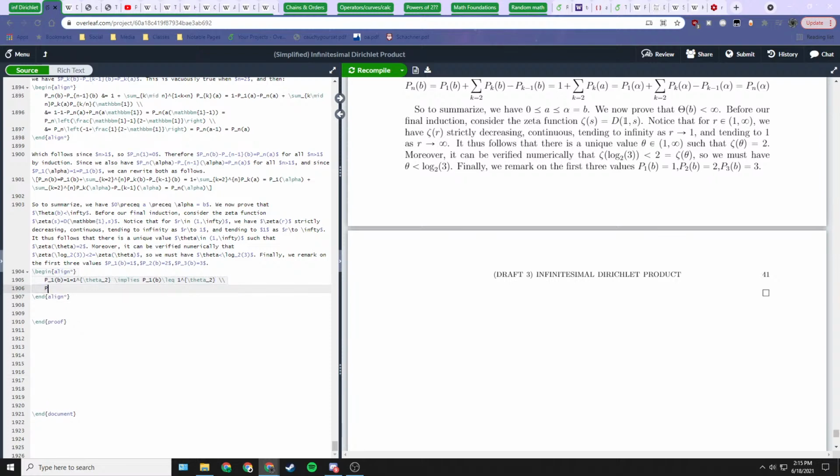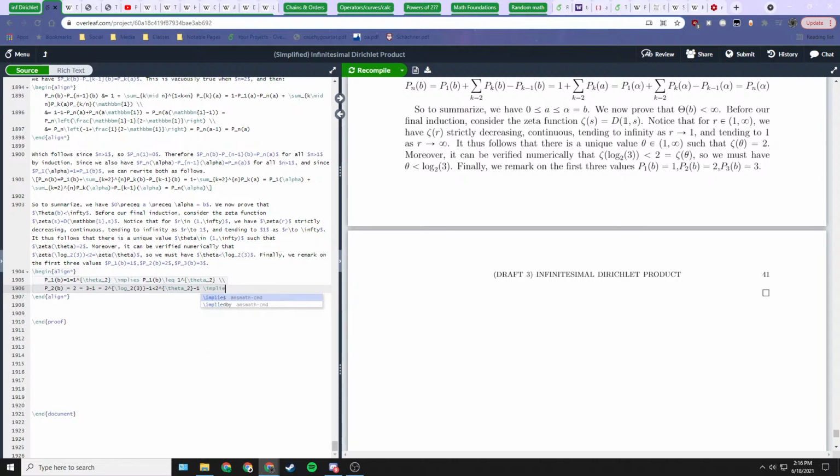We also have p sub 2, and this one's important. P sub 2 of b is 2, which is 3 minus 1, which is 2 to the power of log base 2 of 3 minus 1, which is, as we know, strictly less than 2 to the power of theta 2 minus 1.